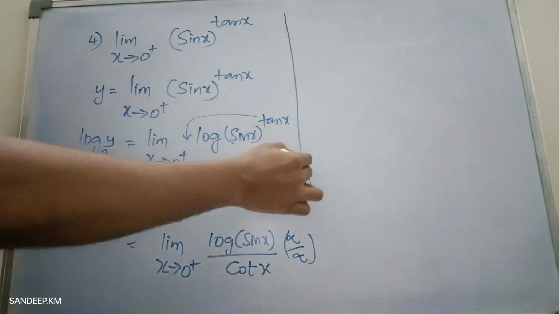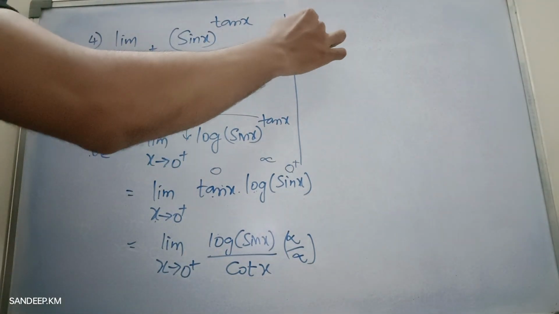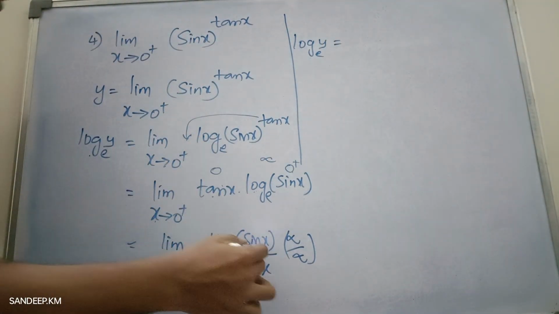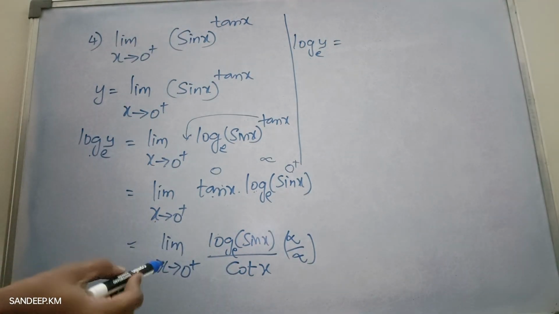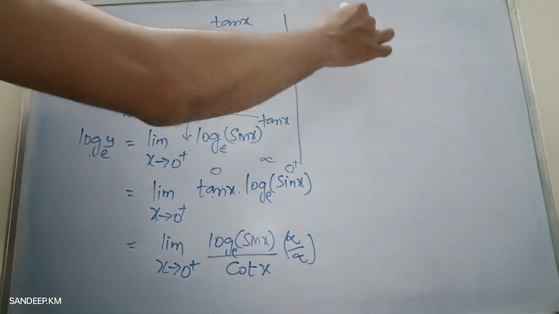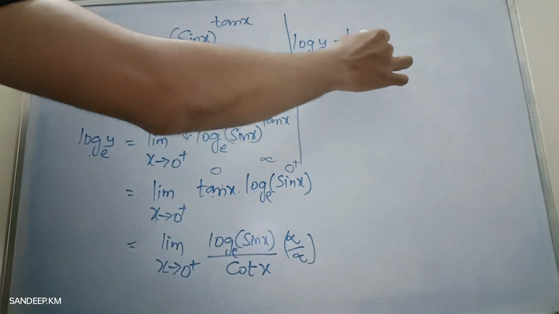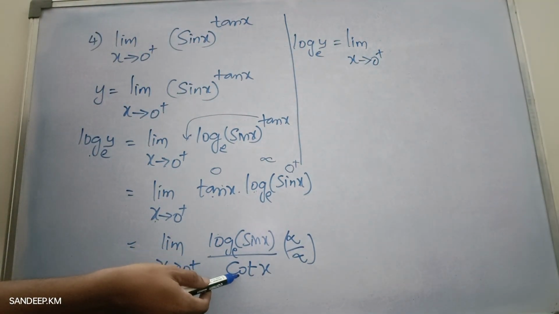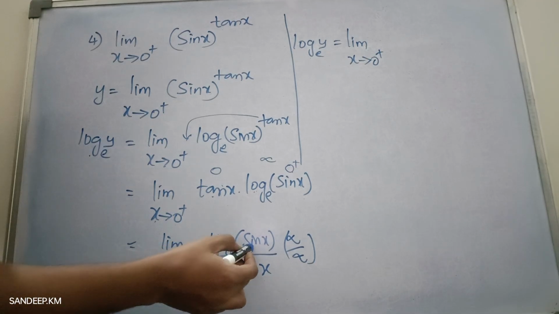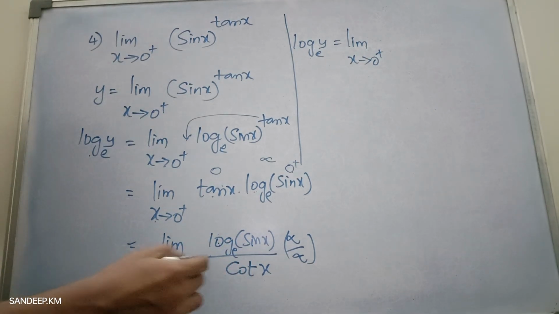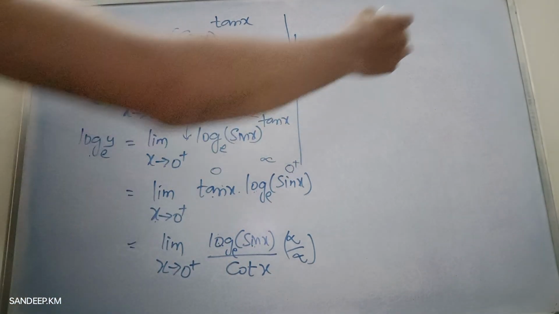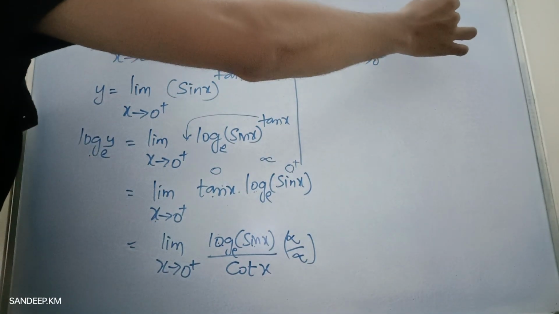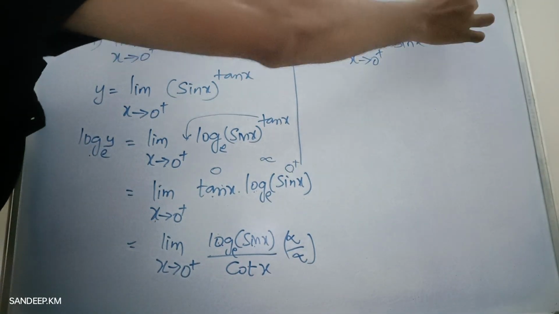Once again, what are we actually finding? We are finding log y to the base e's value. I have applied log with base e on both sides. According to L'Hospital's rule, what is it, dear students? Limit x approaches 0 plus numerator's derivative divided by denominator's derivative. The derivative of log x is 1 by x. Then the derivative of log of sin x will be 1 by sin x, and don't forget into sin x derivative.